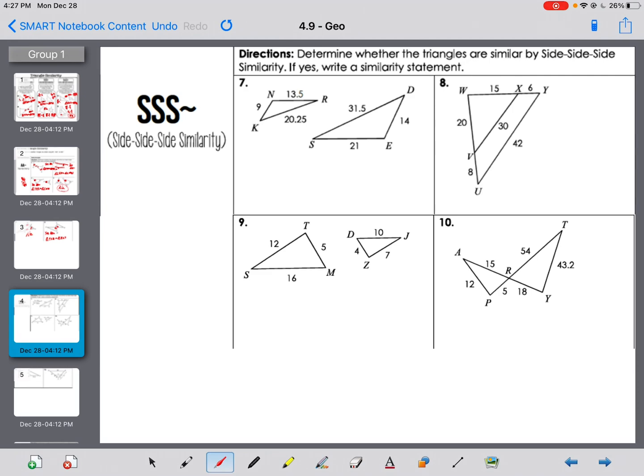That makes S and R and D and K. Those are going to be the same, so that helps us identify which sides go with what. So 9 over 14 needs to be the same as 13.5 over 21. 21's going to be on the bottom. Shorty's on the bottom.